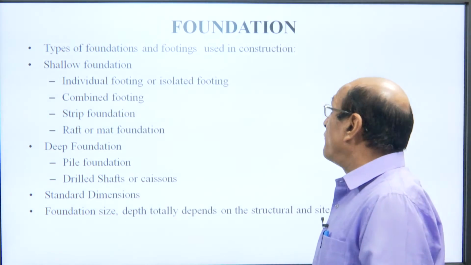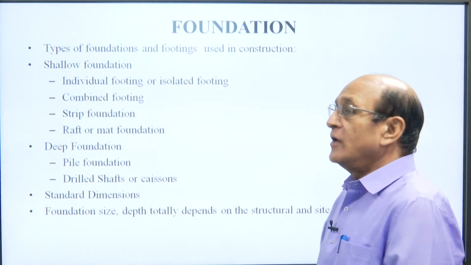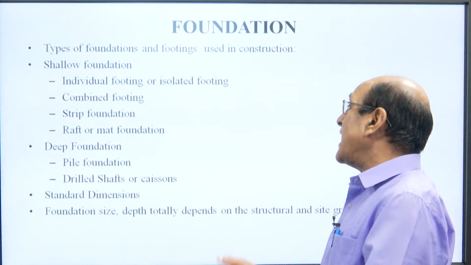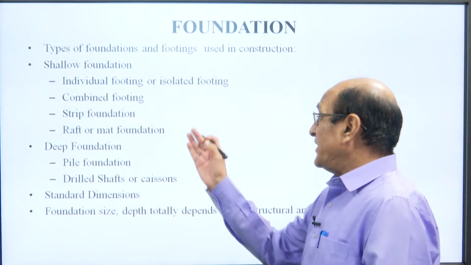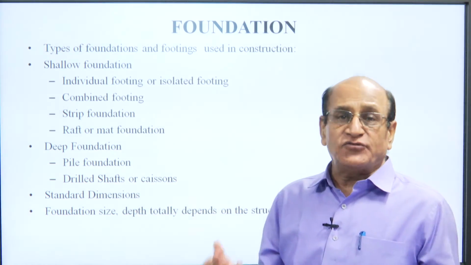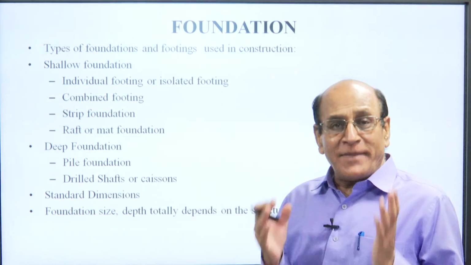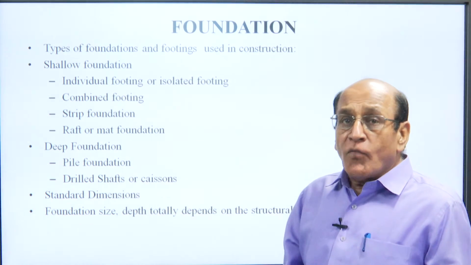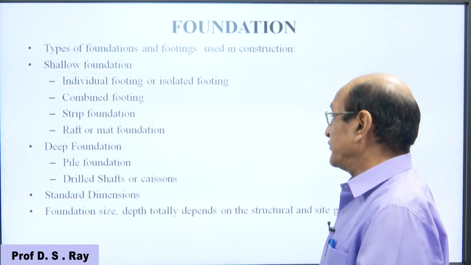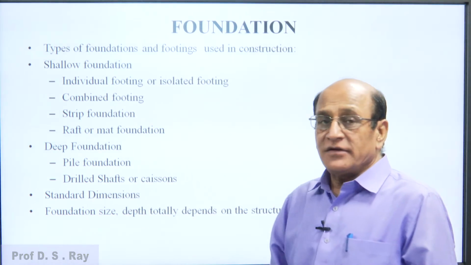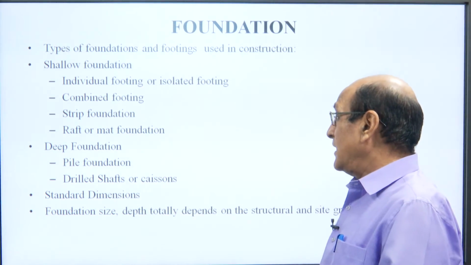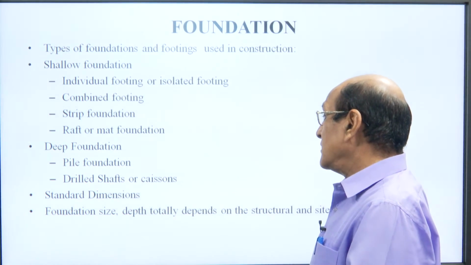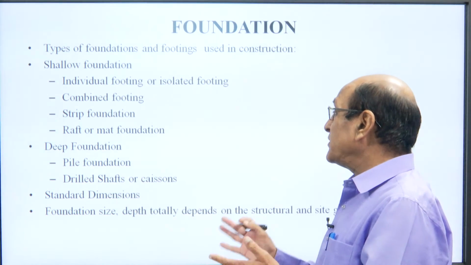The types of foundation and footings used in construction. First one is shallow foundation, in which there are many types. First is individual footing, that is called isolated footing. Then the combined footing. In combined footing, two or more columns rest on one footing. Then the strip footing, a strip of foundation over which either walls or some concrete works may be laid.